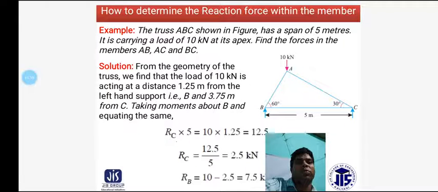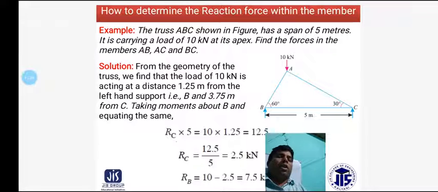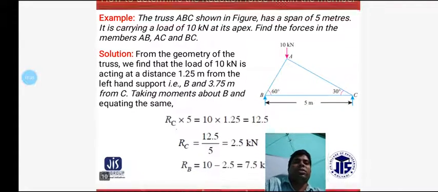So the lowermost portion value is 5 meter. It is carrying a load of 10 kilonewton. So that 10 kilonewton is at the apex. Find the forces in the members AB, BC and AC.